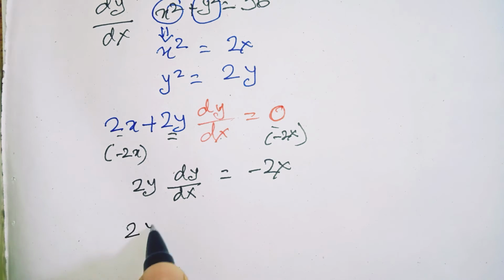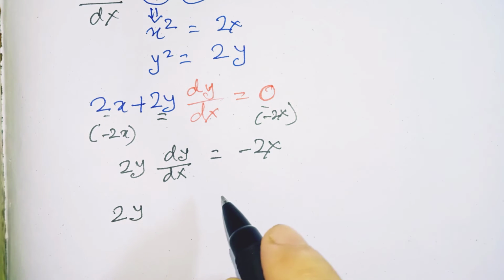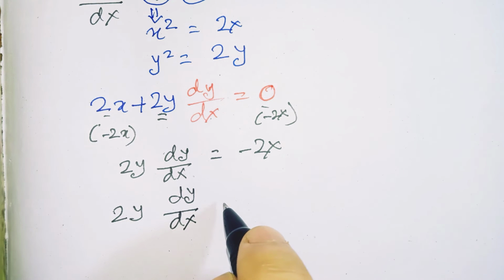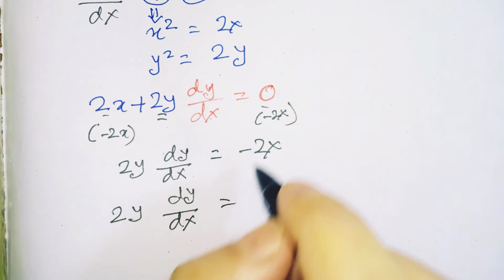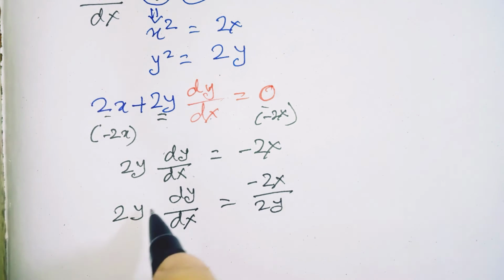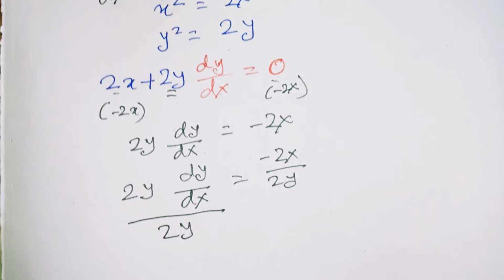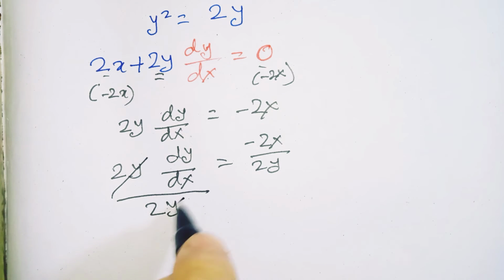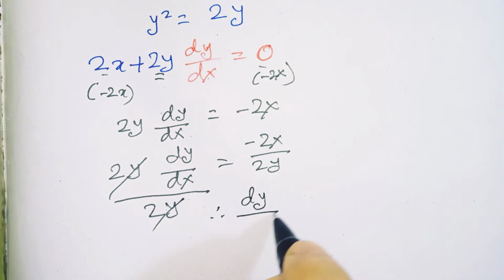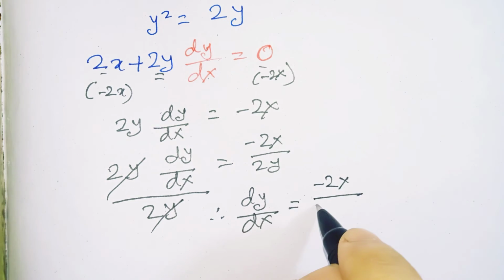So what I get over here is dy by dx equals minus 2x divided by 2y. As we take it forward, the 2y on the left and right gets cancelled out. So we are left with dy by dx equals minus 2x by minus 2y.